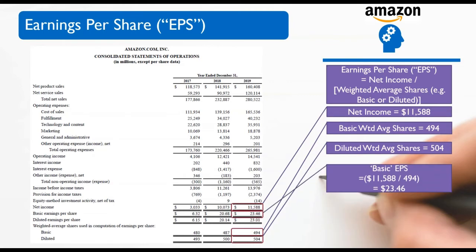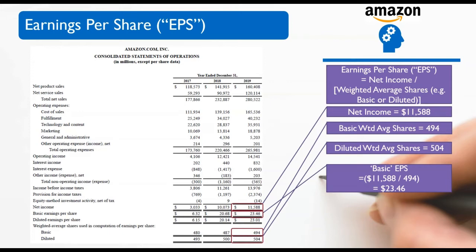So now for the calculation, it's a simple calculation where we take the net income divided by the basic weighted average shares, which gives us $23.46 for the basic EPS.